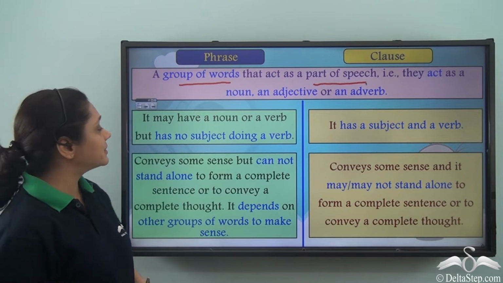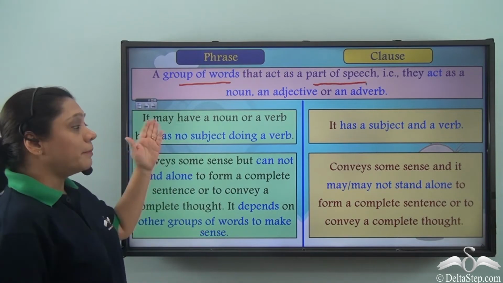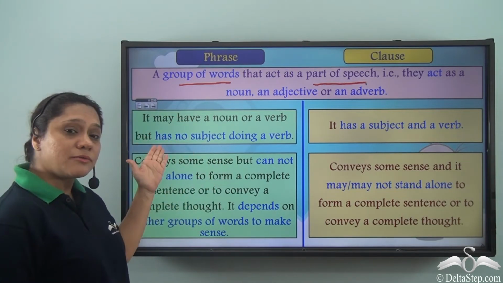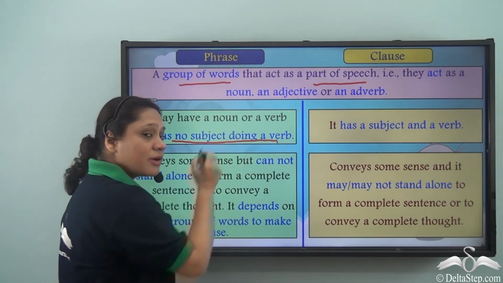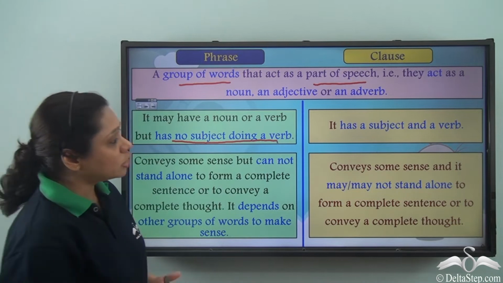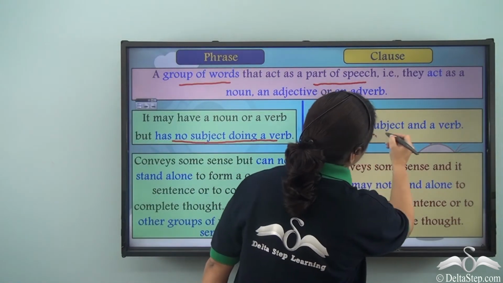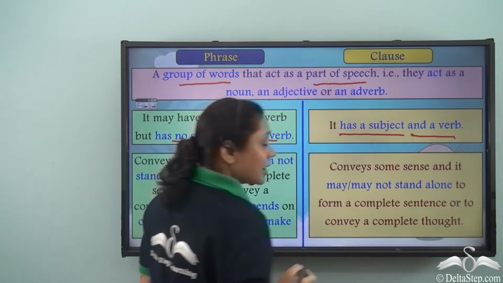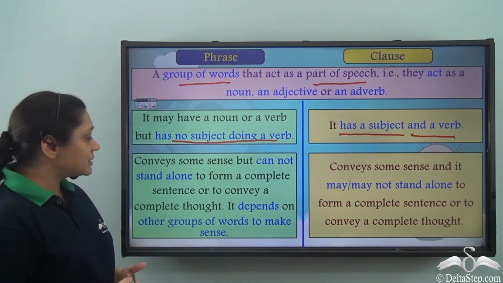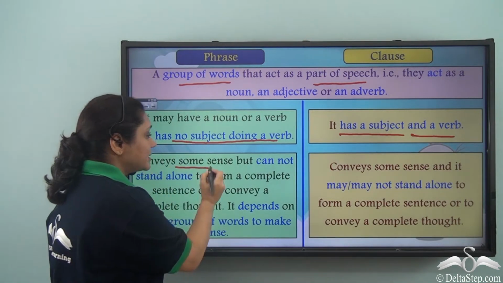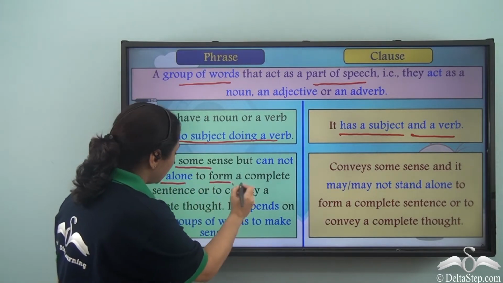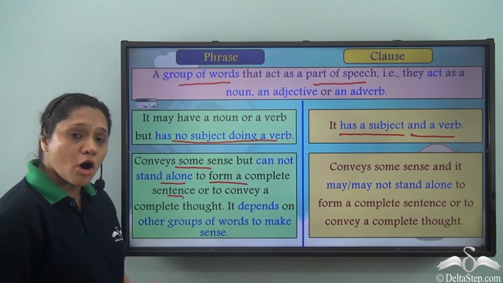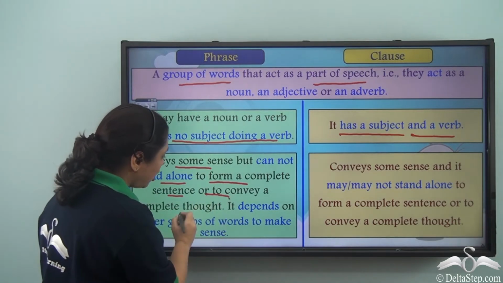What is the difference? A phrase may have a noun or a verb, but it has no subject doing a verb, whereas a clause always has a subject and a verb. A phrase conveys some sense but cannot stand alone to form a complete sentence or to convey a complete thought.